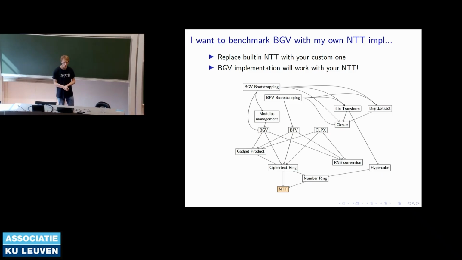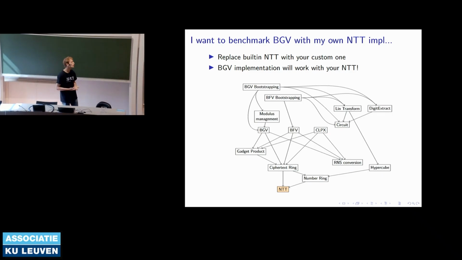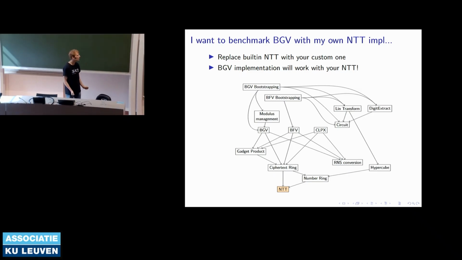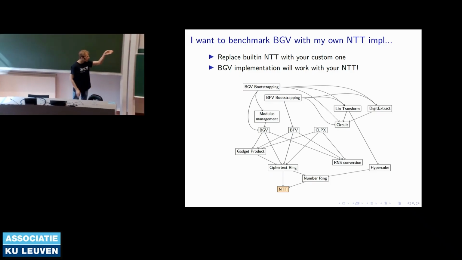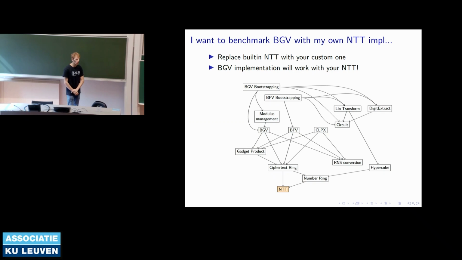But in Fheanor, you don't have to. Because of this modular design, it allows you to just implement your own NTT and then instantiate the whole library with your own NTT. So actually, what you're doing is you replace this box on the bottom, and the whole library will continue to work, now using your NTT.